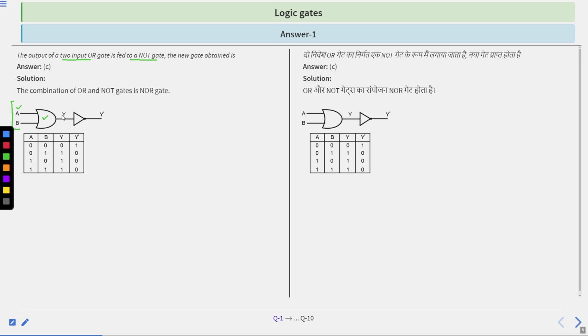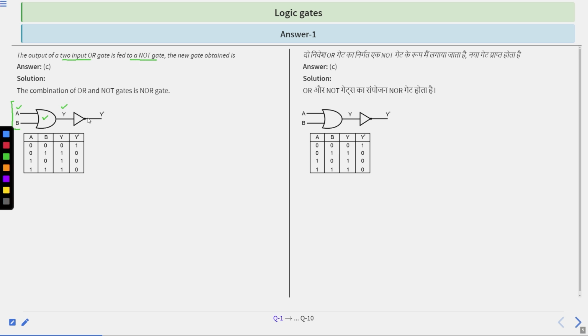Y is the output for the inputs A and B for this OR gate. Clear? So firstly we calculate the output Y. Output Y is 0 for 00, 1 for 01, 1 for 10, and 1 for 11. So this is the output for the OR gate.